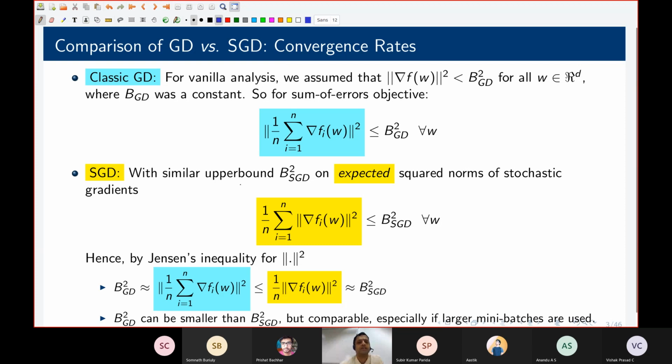Recall that in classical gradient descent, we were able to make use of something like Lipschitz continuity. In stochastic gradient descent, we're looking at Lipschitz continuity in expectation. There we had Jensen's inequality, and by Jensen's inequality, the ordinary Lipschitz continuity constant is upper bounded by the stochastic gradient descent Lipschitz constant.